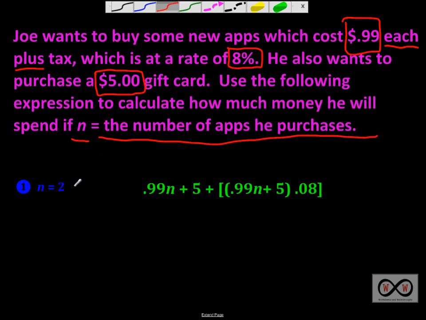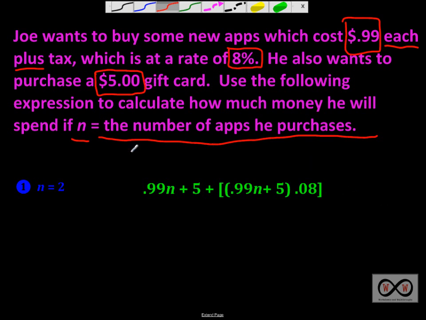So we can take that, since it's our variable, and substitute 2 in every time we see the variable n in this expression. So this is our expression. It's really not an equation. If it was set to be equal to something, and once we evaluate this expression, we could make an equation out of it.